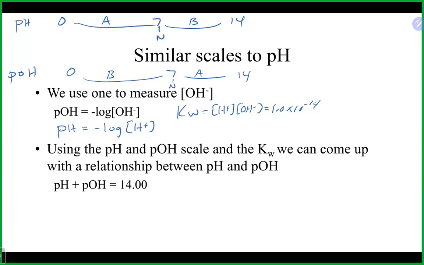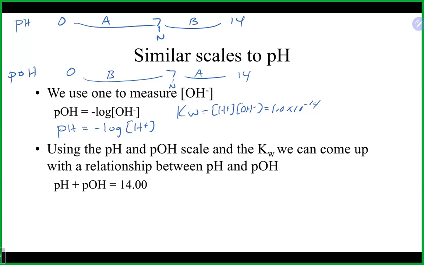So what happens is people will sometimes calculate the pH and go, cool, it's below 7, it's acidic. Then they'll calculate the pOH for the exact same solution and go, cool, it's above 7, it's basic. And that's how people give the answer that it's both acidic and basic when asked that question.